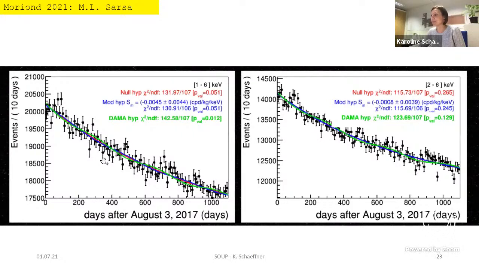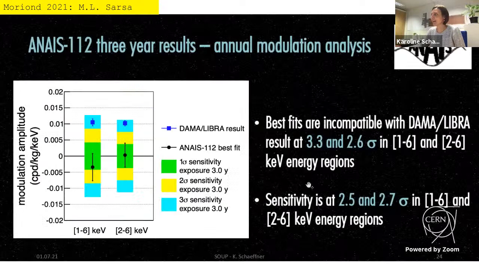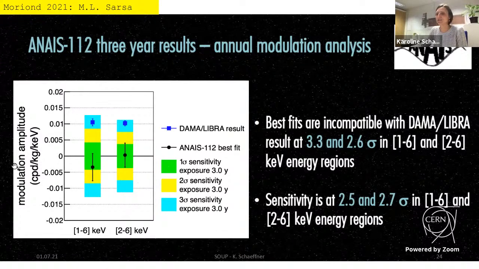the modulation DAMA sees. And so their results from the last 3 years are incompatible with DAMA, so they don't see the modulation. This is shown here. You see the modulation amplitude of DAMA and the one by ANAIS. And so the sensitivity is 2.5 to 2.7 sigma.